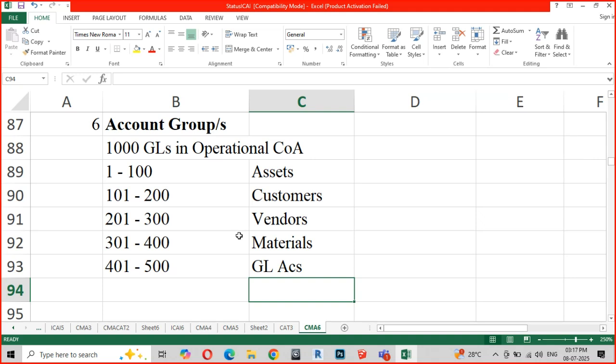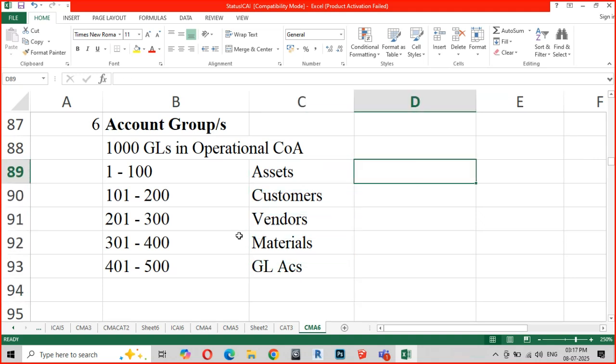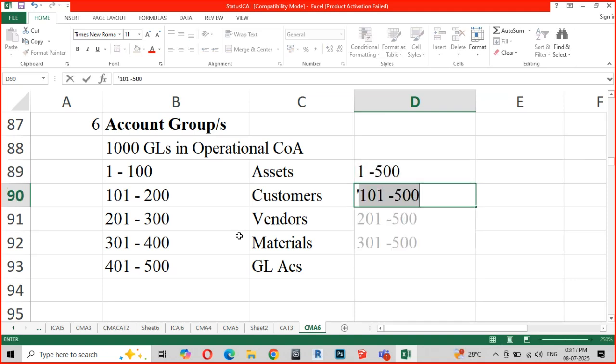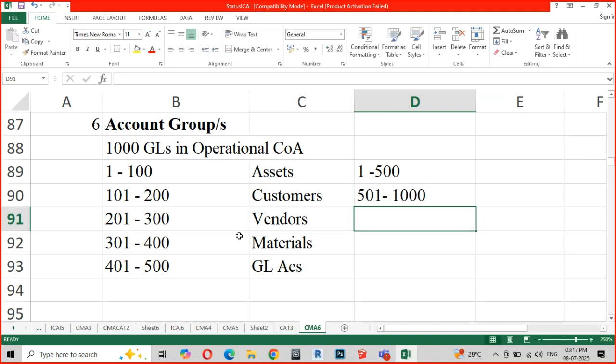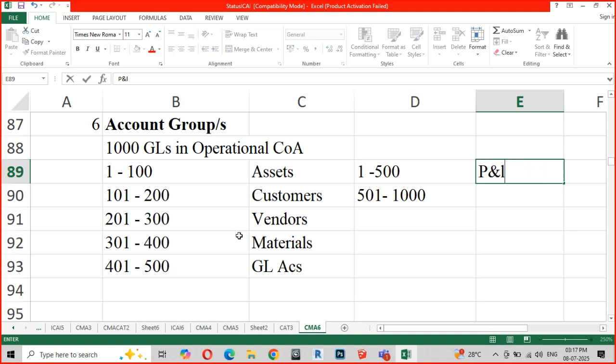That's it. Balance sheet. I can have this also. Out of the 5,000 general ledger accounts, account number 1 to 500 is profit and loss.